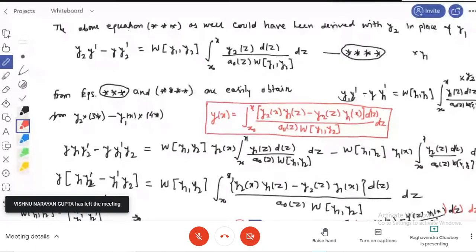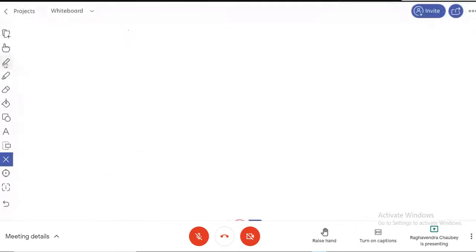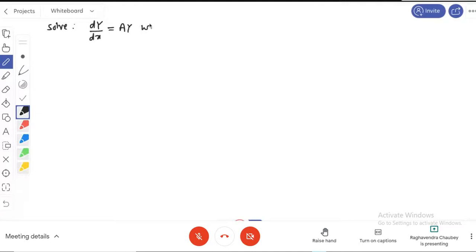On the next page, if you have to solve dy over dx equals A y, with A an n cross n constant coefficient matrix, and this matrix is constant, so this is a matrix A.